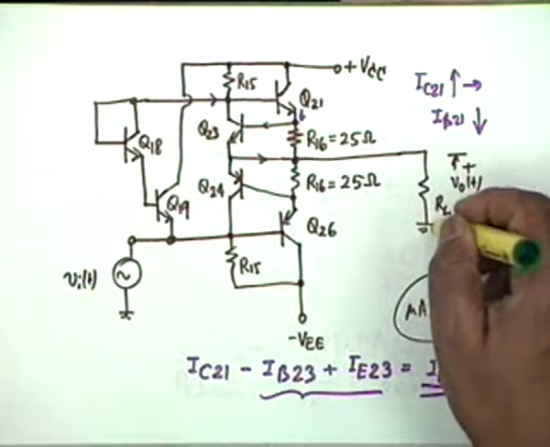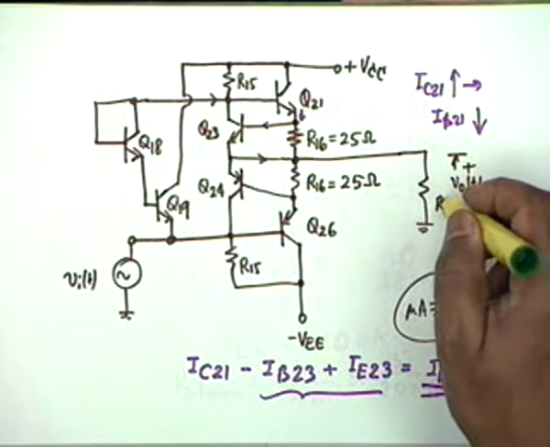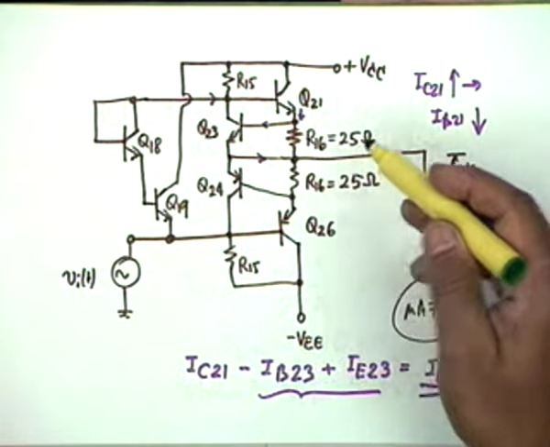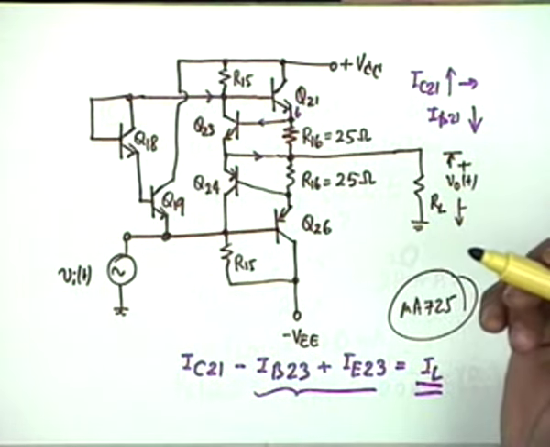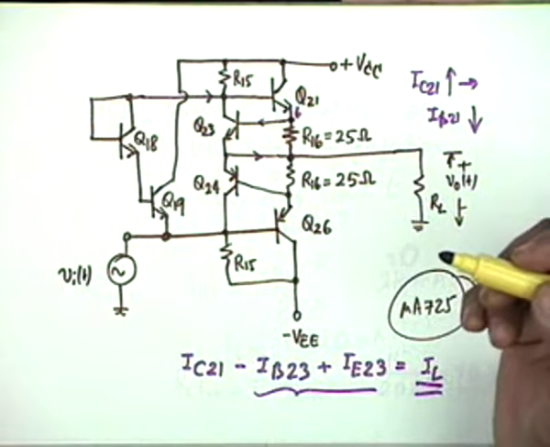Obviously, when R_L goes below 750, suppose R_L becomes comparable with R16, then obviously the efficiency would be decreased. But on the other hand, if R_L minimum is much larger as compared to 25, 750 is 30 times, and therefore this drop is negligible and the efficiency level is maintained.